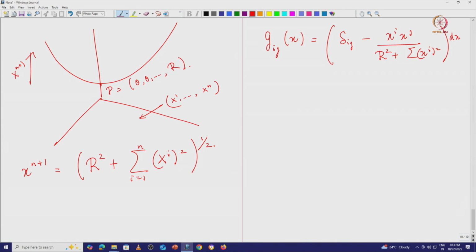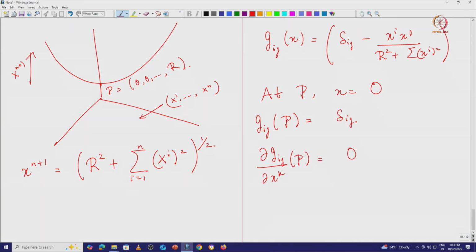So gij is given by this. So again they are basically normal coordinates. So at P, x is 0, so gij at P is precisely delta ij, and you can again compute the derivatives. They are 0 for all ijk.